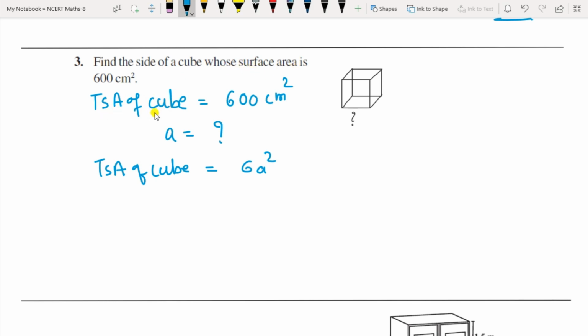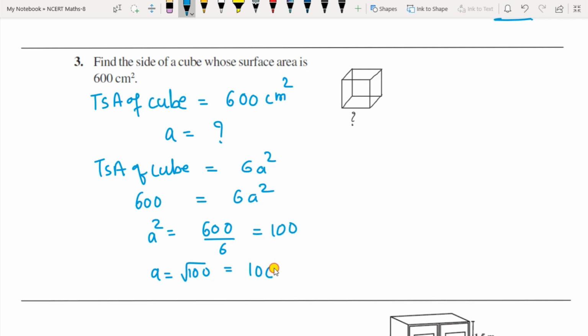So total surface area of cube equal to 600 centimeter square. You have to find the side. You know the formula for total surface area of cube is 6a square here. So this is given as 600 equal to 6a square. So here a square will be equal to 600 upon 6, that is 100. So a will be equal to what? a will be equal to under root of 100, that is 10 answer, 10 centimeter.